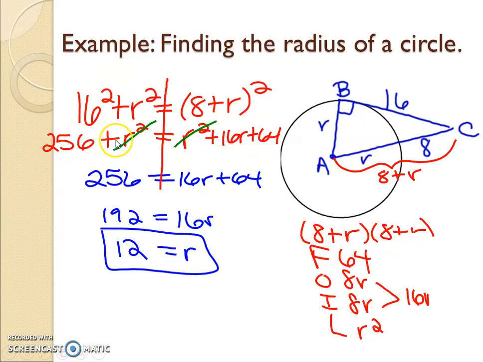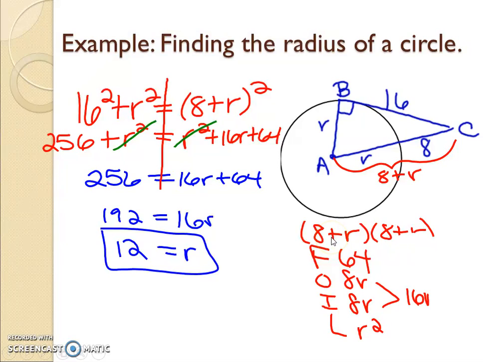Now we can cancel R squared and R squared, because if I subtract over, it's going to cancel out. Now you have 256 equals 16R plus 64. Then we're going to solve for R. Subtract 64 from 256, you get 192. Divide each side by 16, I get 12. So this R is 12.